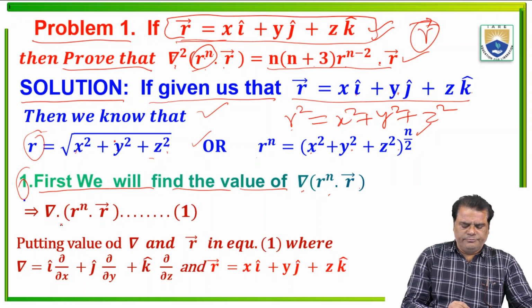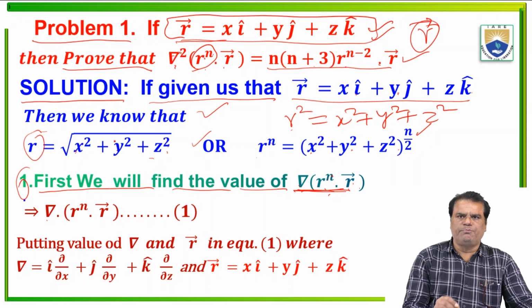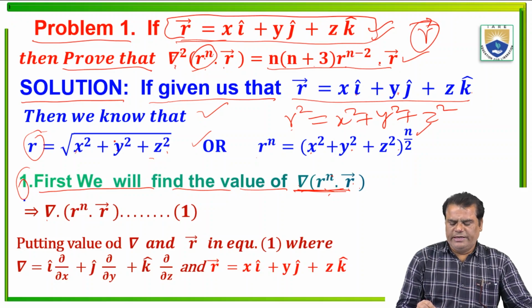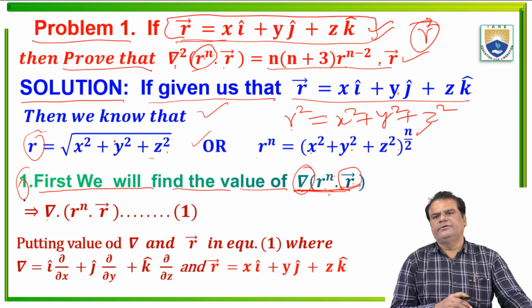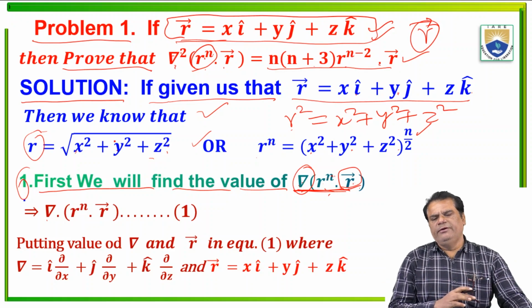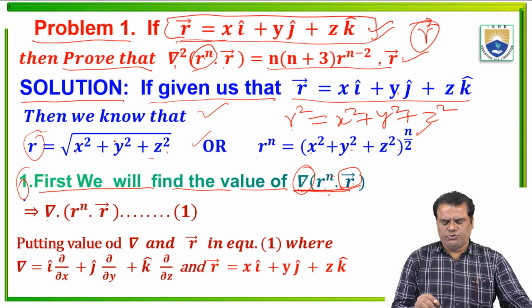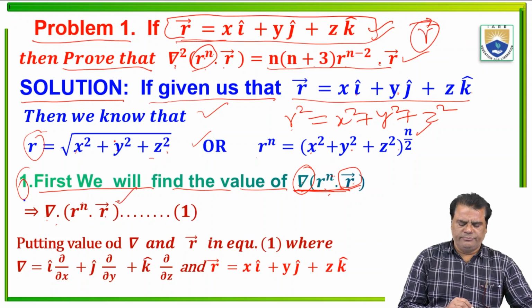Here del is a vector and r to the power n vector r is also a vector, so there is a dot product between the two vectors. So we apply del dot r to the power n vector r. This is equation 1.